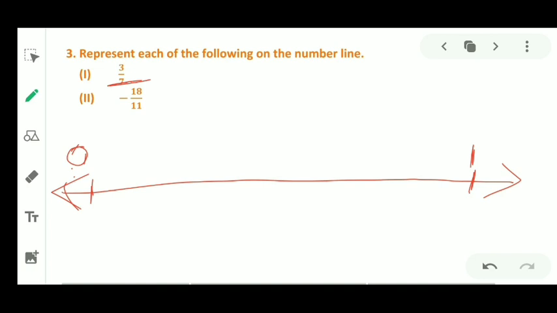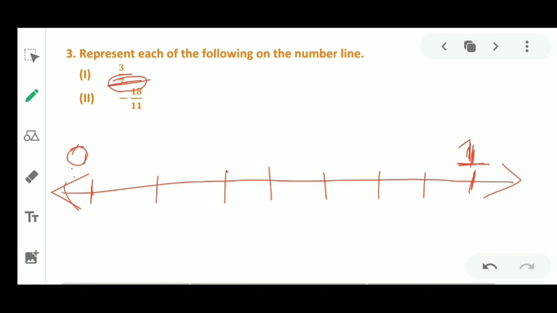Now the next step is you have to make equal parts of this region. But the question is, how many equal parts? Here the denominator says the number of equal parts. The denominator is 7. So you have to make 7 equal parts of this region. So 1, 2, 3, 4, 5, 6 and 7.